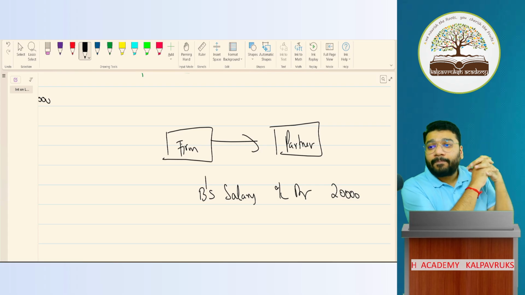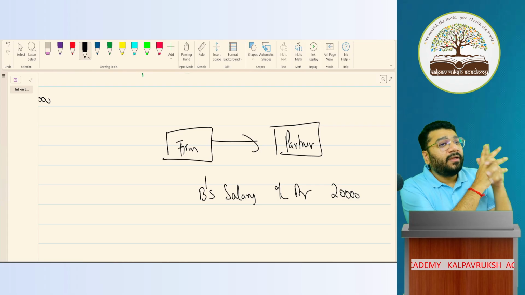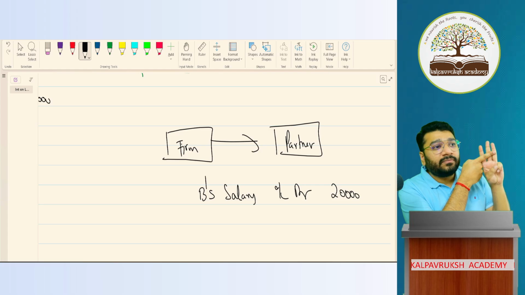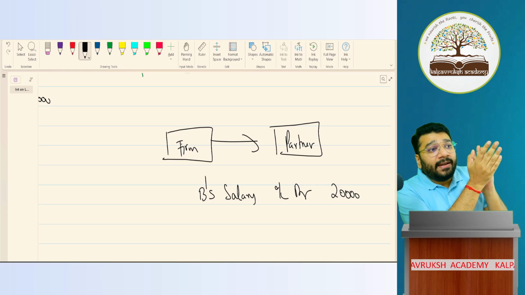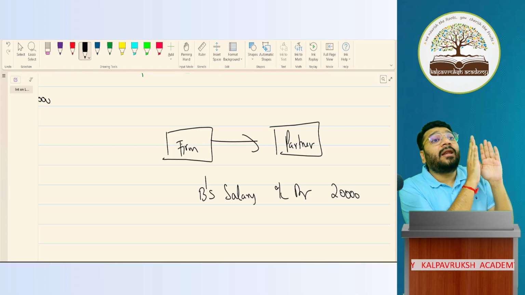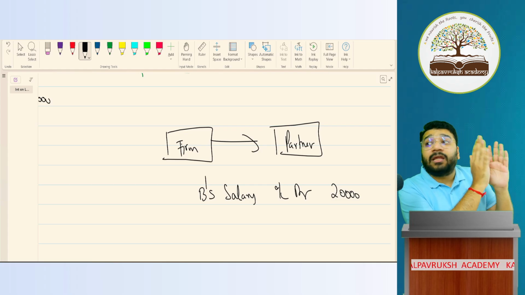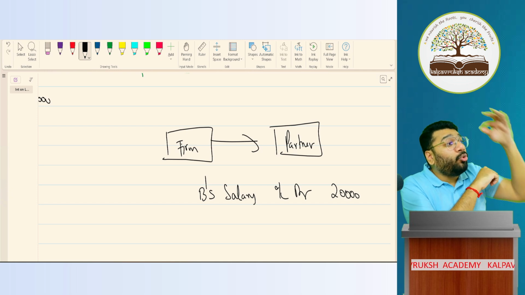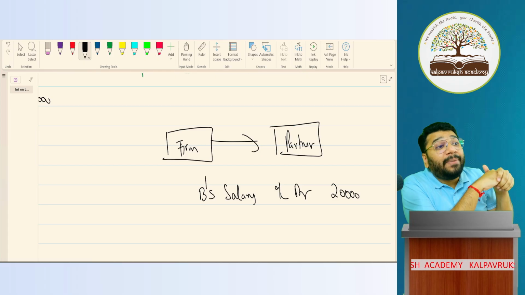Now here listen to me very carefully. So far, when I discussed the concept of interest on loan by partner, interest on loan to partner, rent, if interest is not paid, due entry will come. If interest is paid, payment entry will come. But from now onwards, whatever is coming in the appropriation account, whether due and not paid or whether paid, everything will be routed through partner's capital account.